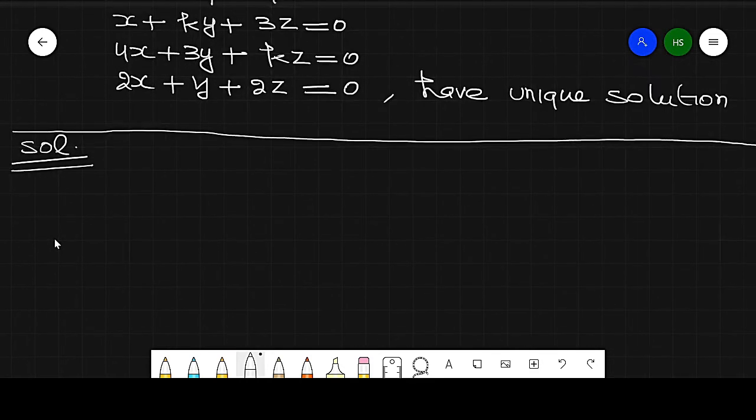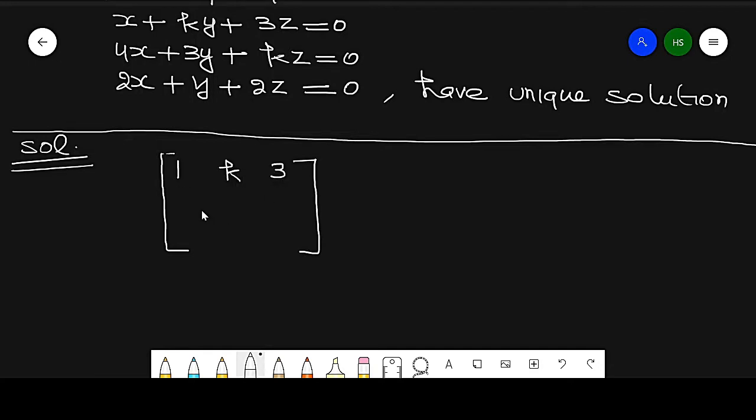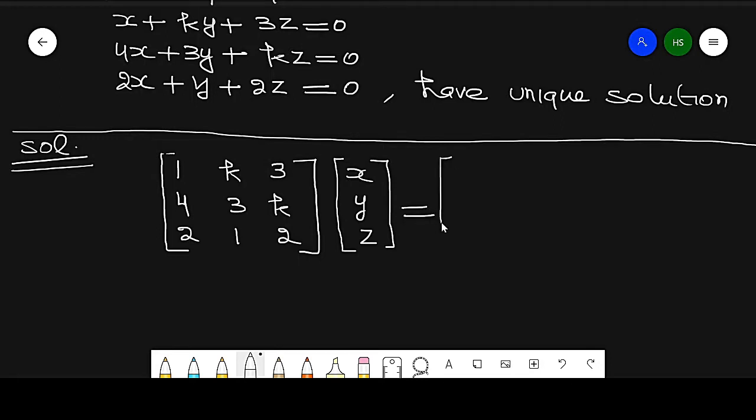So first convert this equation into matrix form. So this is, in this form, [1 k 3; 4 3 k; 2 1 2], and this is [x y z], and this matrix is equal to [0 0 0].